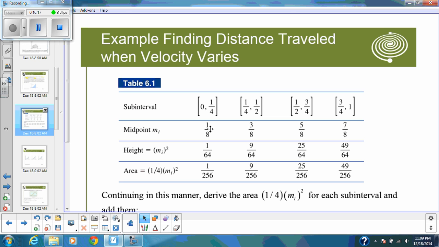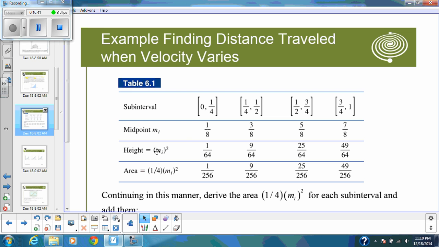And right here, what you can see is it's splitting up those subintervals. So you've got the interval from 0 to 1/4, from 1/4 to 1/2, from 1/2 to 3/4, and so on. And then what this is showing is the midpoint. The midpoint between 0 and 1/4 is 1/8, between 1/4 and 1/2 is 3/8, so just finding the midpoint in between.